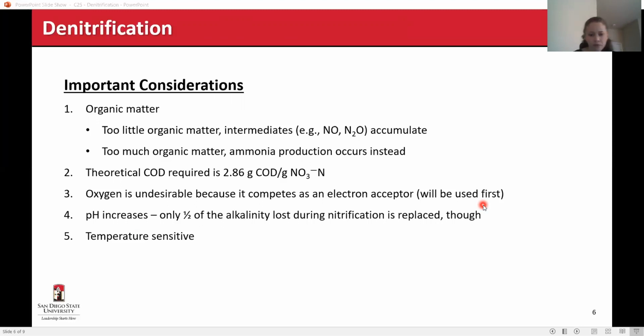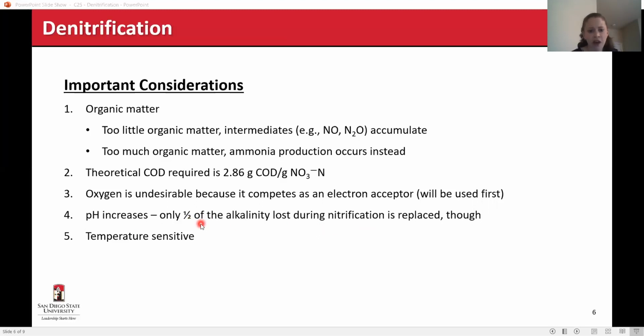We also have to be very careful about our pH, for example. During nitrification, we do have a loss of alkalinity. And so we often will calculate how much alkalinity is lost during nitrification. Then when the wastewater is transferred to denitrification, we actually get some alkalinity back.